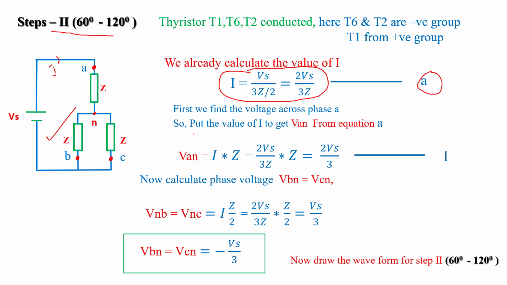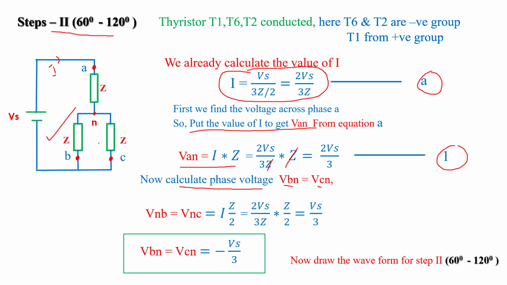Now we calculate the value of VAN. VAN equals V equals I multiplied by Z. I from equation number A, 2Vs by 3Z multiplied by Z. Z cancels. We get 2Vs by 3. Equation number 1.